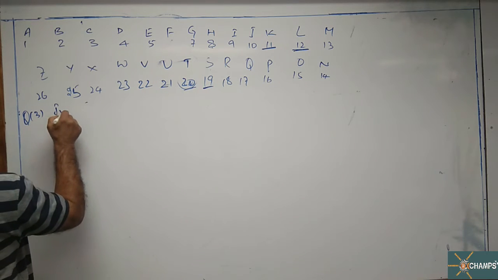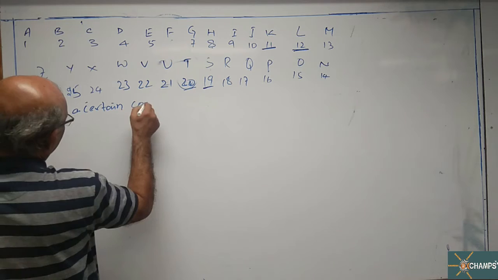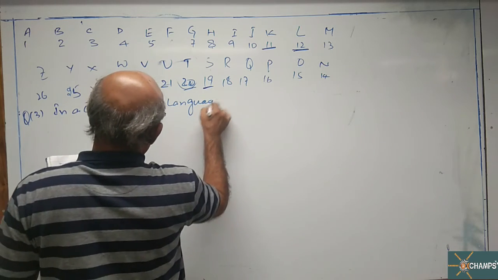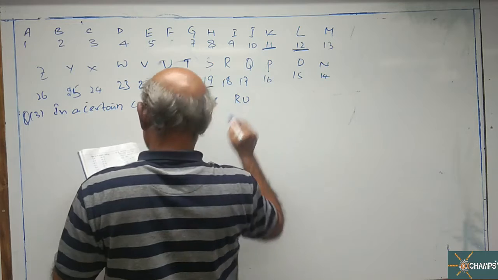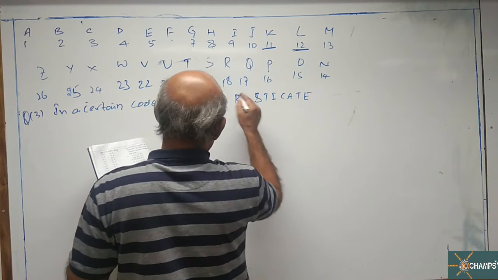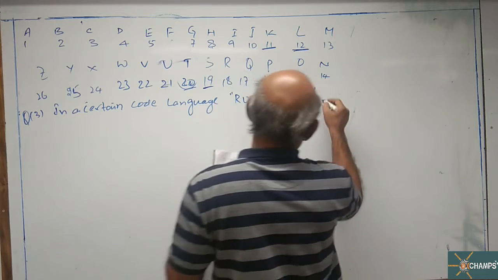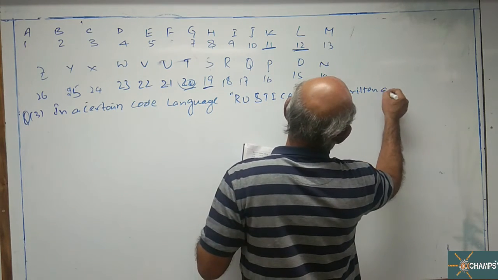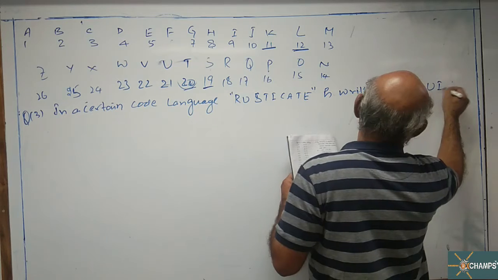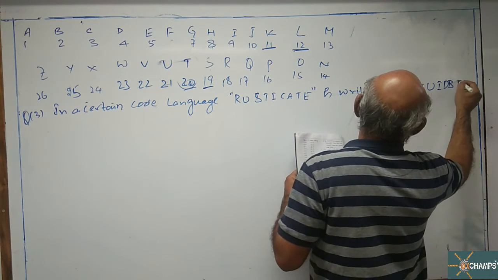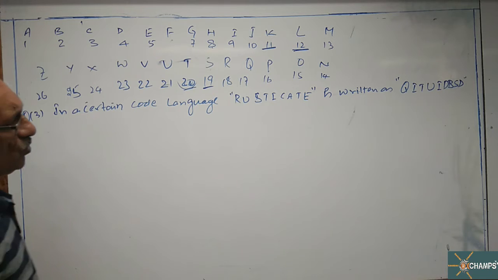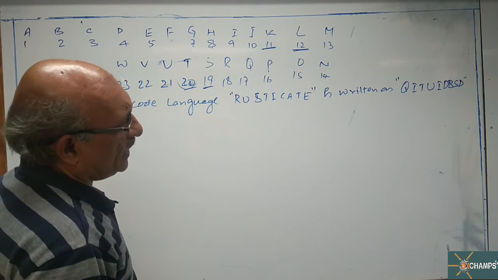In a certain code language, rusticate is written as QID, UI, DB, SD.